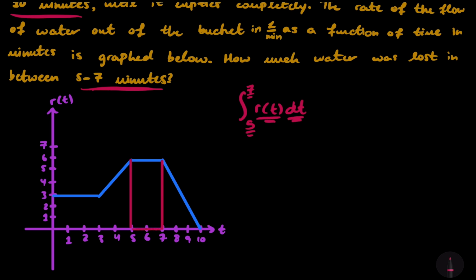And the height, if we check the value of this function, is about 6. So 6 times 2 gives us our entire area, which is 12 liters. That would be our final answer: the bucket lost 12 liters between 5 to 7 minutes.